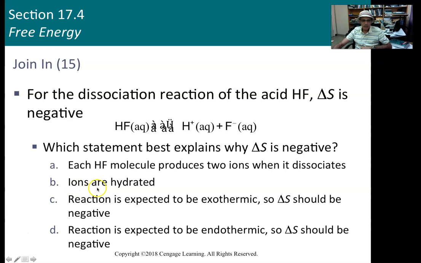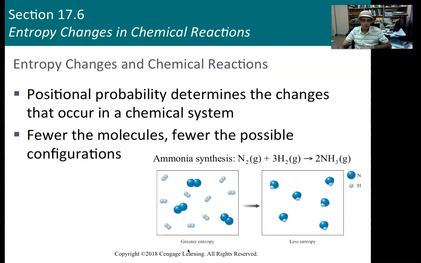Here, ions are hydrated. Reaction is expected to be exothermic and should be negative. Reaction is expected to be endothermic. So the hydration aspect is to be considered here. And that's why this is giving that negative entropy value of the system here.